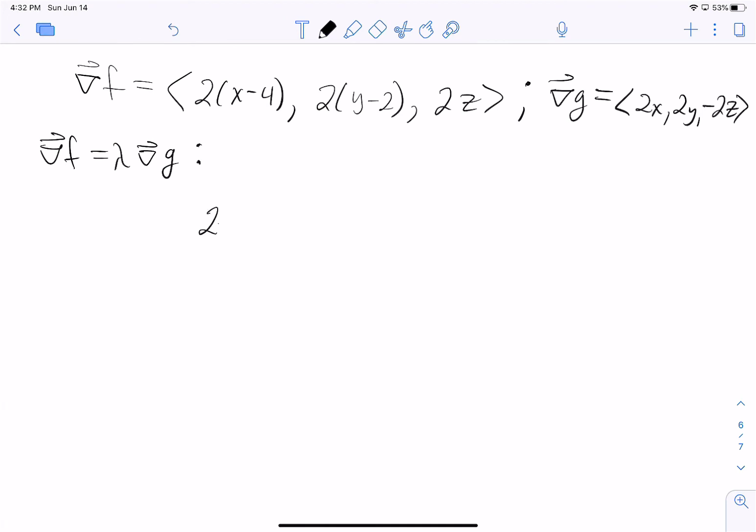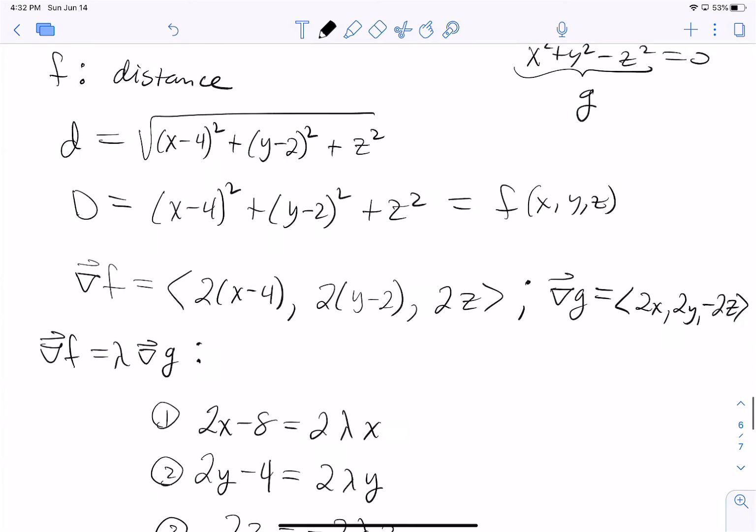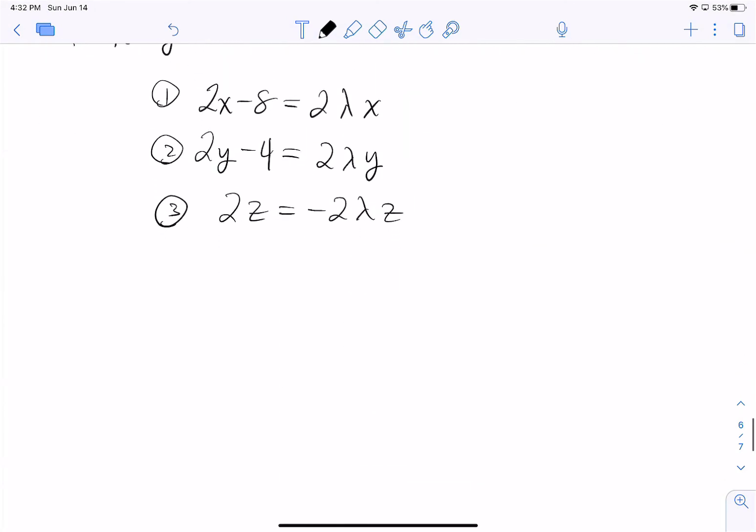The first equation is 2x minus 8 is equal to 2 lambda x. The second is 2y minus 4 is equal to 2 lambda y. And 2z is equal to negative 2 lambda z. Those are equations 1, 2, and 3 from the gradient vectors. But then we have our constraint equation, which is our fourth equation, x squared plus y squared equals z squared.